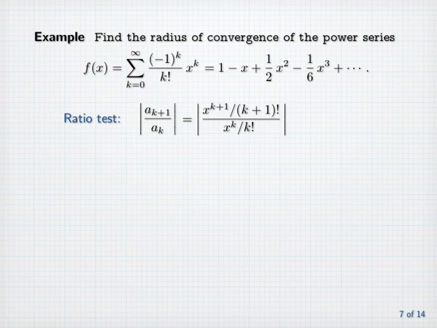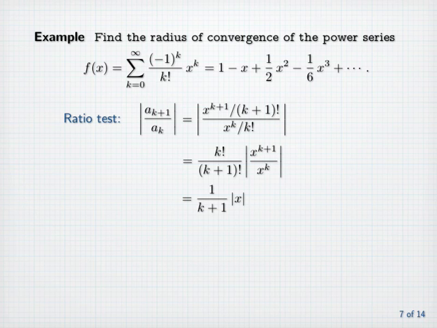This is equal to k factorial divided by k plus 1 factorial times the absolute value of x to the k plus 1 over x to the k, and since k plus 1 factorial is equal to k factorial times k plus 1, k factorial divided by k plus 1 factorial is equal to 1 over k plus 1. And of course the absolute value of x to the k plus 1 divided by x to the k is equal to the absolute value of x.